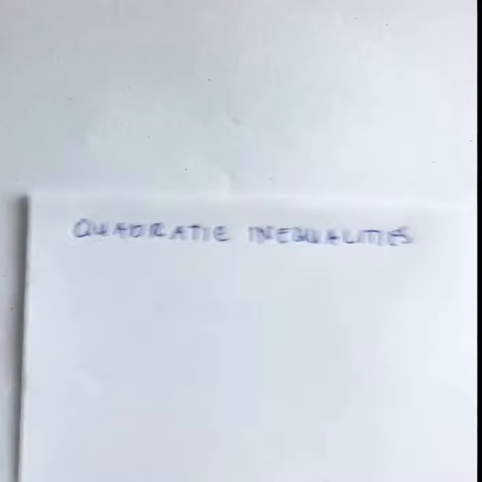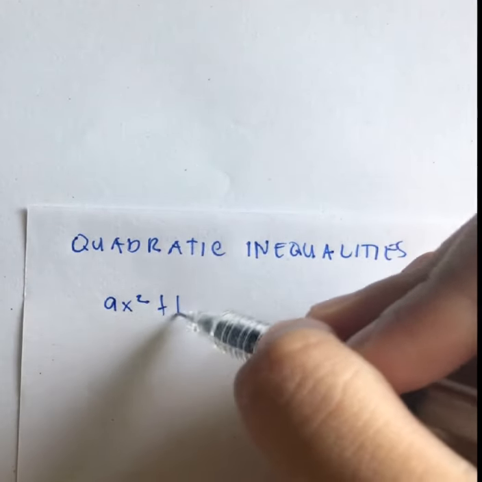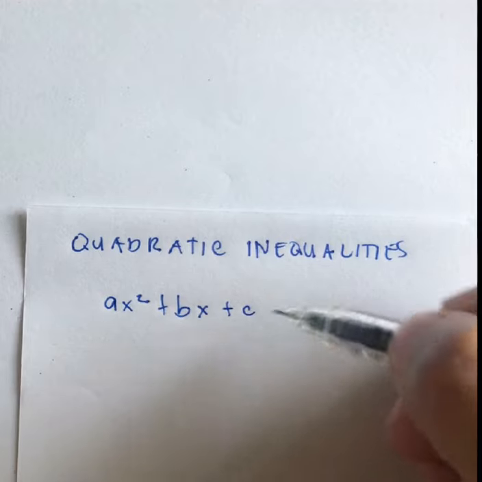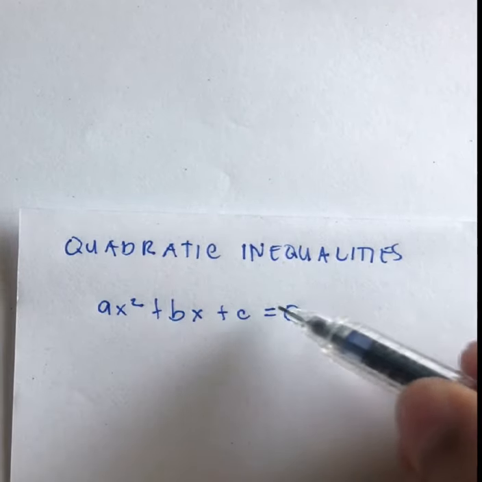So, good morning everyone. In our previous meeting, we tackled the quadratic equation, which is of the form ax squared plus bx plus c equals 0. A quadratic equation has an equal sign.